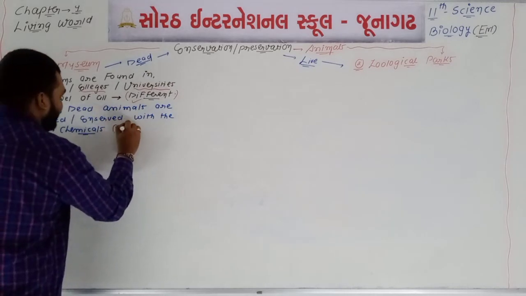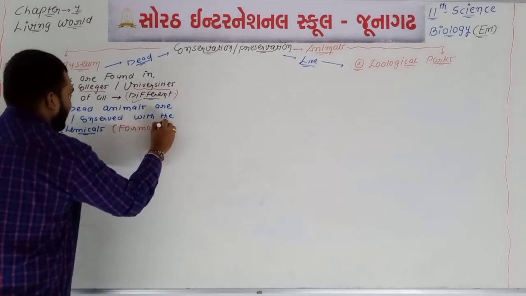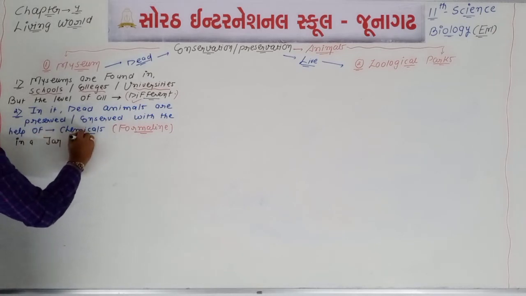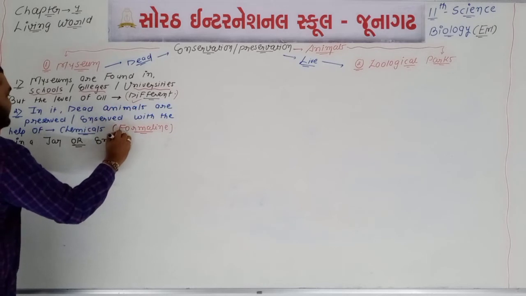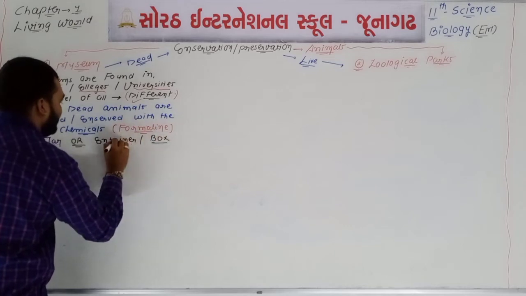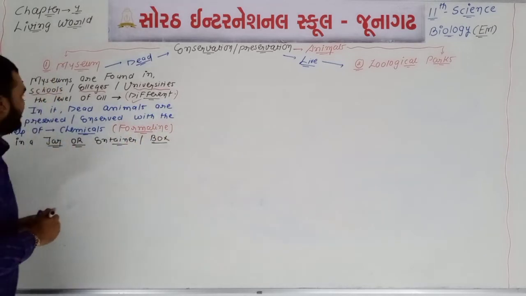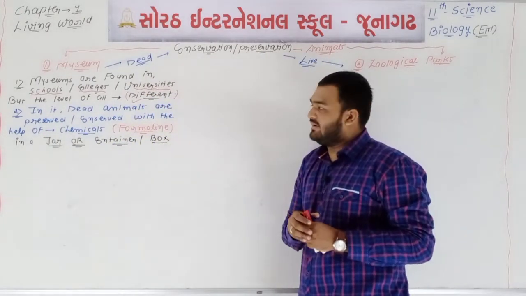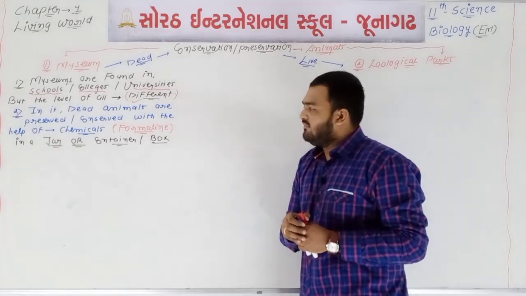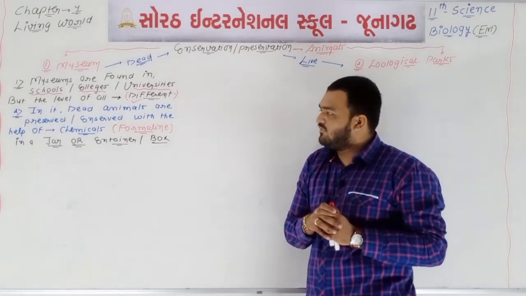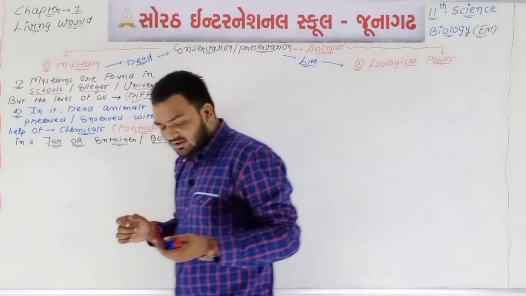For example, formalin is one type of preservative material, used in a jar or container or in a box. Dead animals are preserved with the help of some water-like chemical. It is not water, but it is formalin, in a jar or a container or in a box.